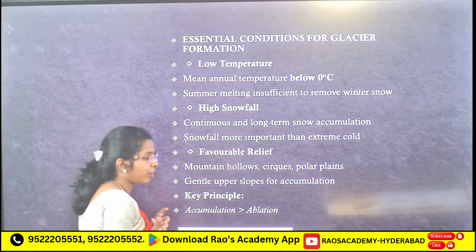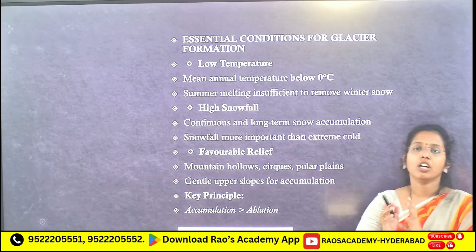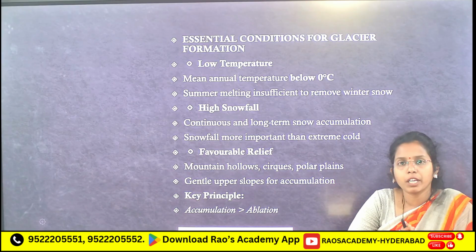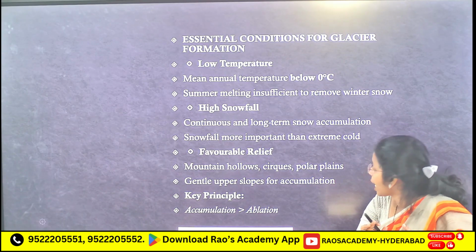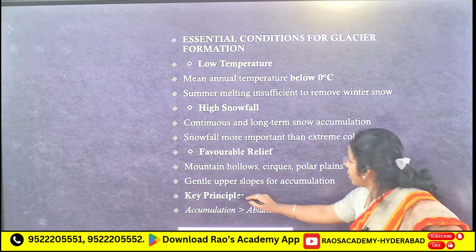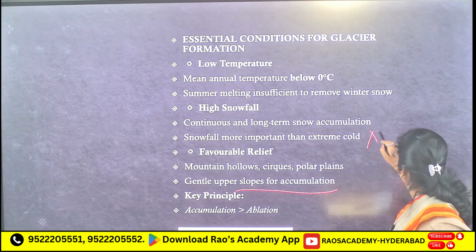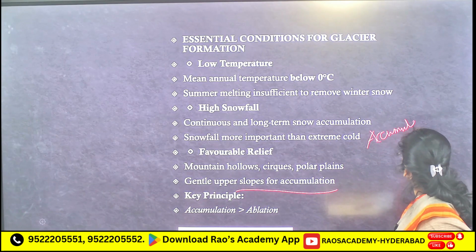Essential conditions for glacier formation: first, continuous accumulation of snow and low temperature has to be there, high snowfall and gentle upper slopes for continuous accumulation. When accumulation is greater than ablation.